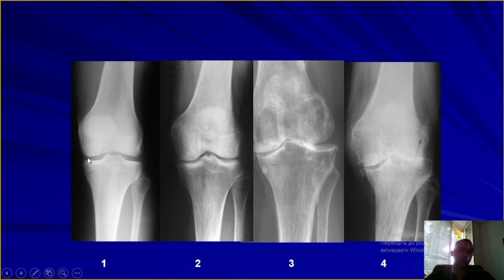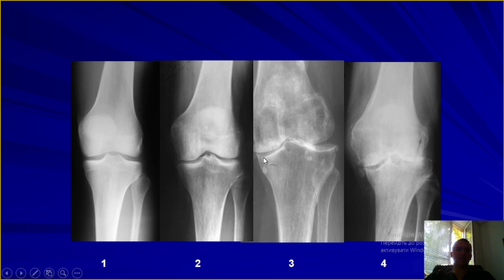On the first stage, you see the joint space is looking good, but it is not as good as it could be. After you watch these X-rays daily, you will see the difference between the normal and abnormal joint space. And you see the first signs of osteosclerosis on the second stage, such white lines.